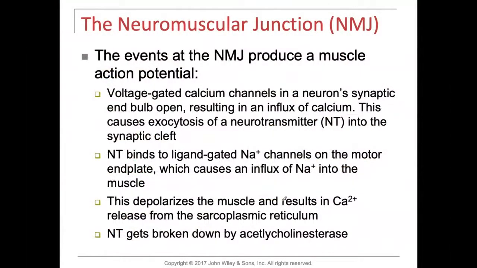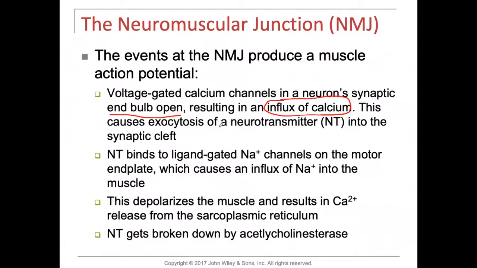What are some of the events that can influence that NMJ to produce the action potential? Well, we said that the voltage-gated calcium channels in the neuron synaptic end bulb open. And that's when you have the influx of calcium.